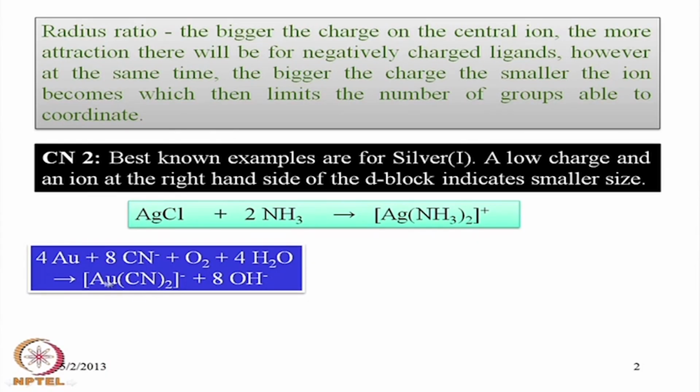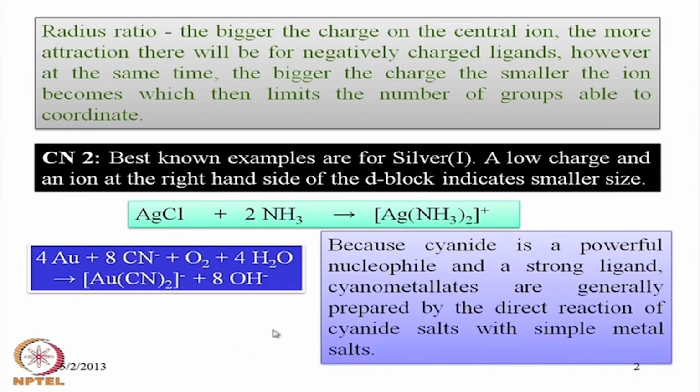And here Au(CN)2 minus forms along with hydroxide, so the medium turns basic, from the water molecules present along with dioxygen.